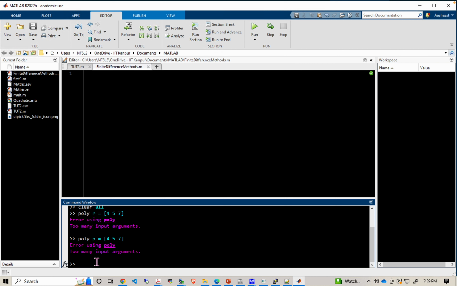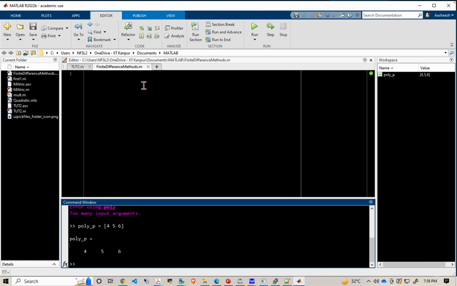Anything I can write here, and because my function definition was actually a bit wrong, that's why I was getting the error. Okay, that's right. And here I have defined a polynomial with 4, 5, and 6 as arguments.